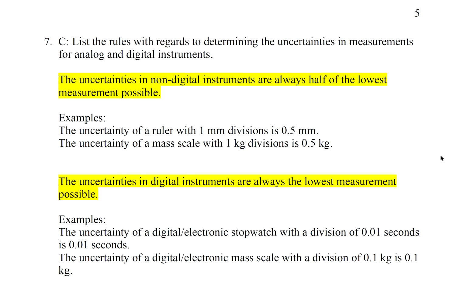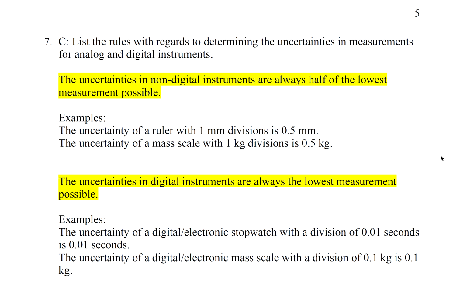Question 7. List the rules with regards to determining the uncertainties in measurements for analog and digital instruments. So this is something you need to memorize in yellow. The uncertainties in non-digital instruments are always half the lowest measurements possible.